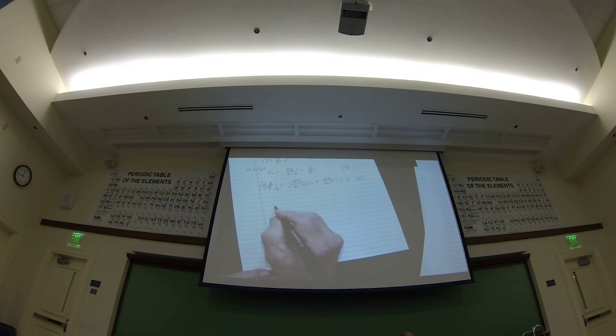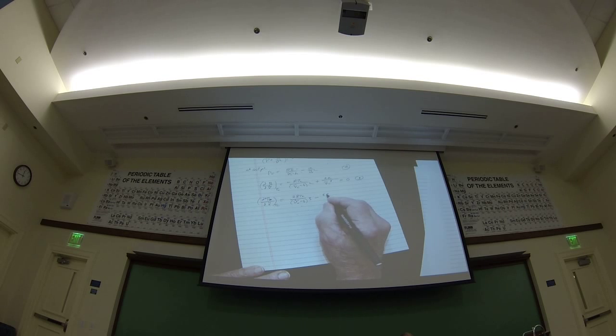That's equation 3. Then differentiate again: the second derivative of the pressure with respect to volume at the critical point is 2RTC over VC minus b cubed, minus 6a over VC to the fourth power, equal to 0 at the critical point. Then we have 4 equations.